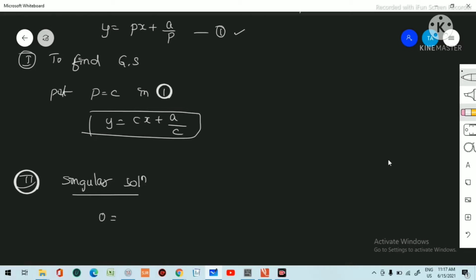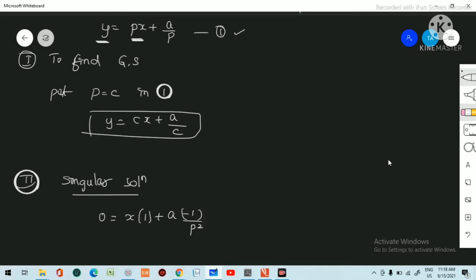Y, differentiating this term partially with respect to p, there is no p term there, so it will be 0. On the right hand side, come to this point now. x is constant, differentiation of p is 1, plus a is constant, differentiation of 1 by p is minus 1 by p square. Are you getting it?